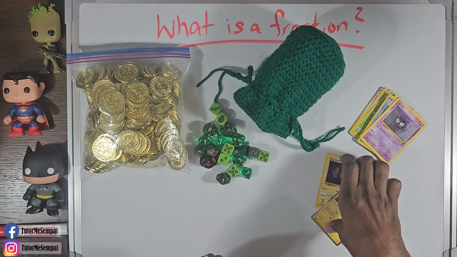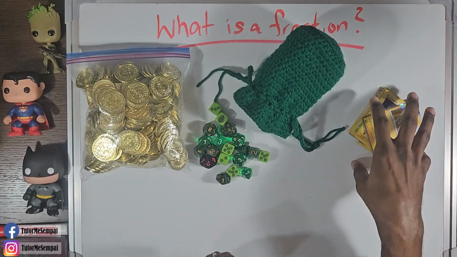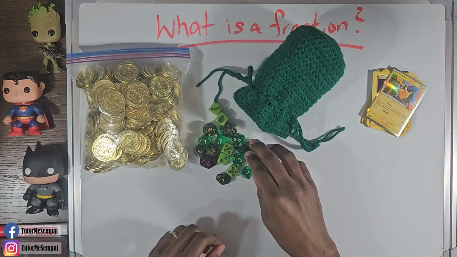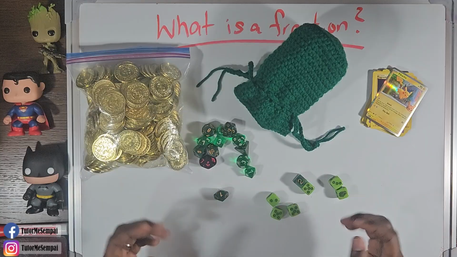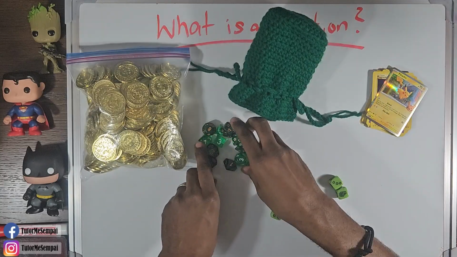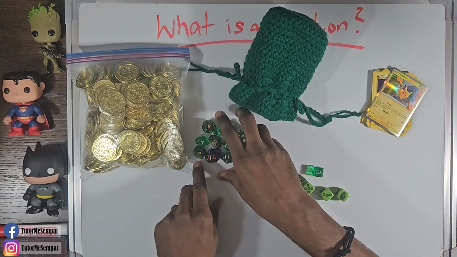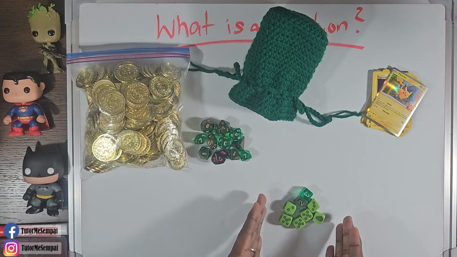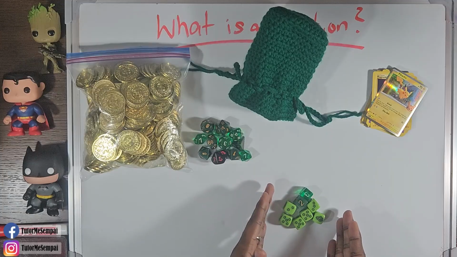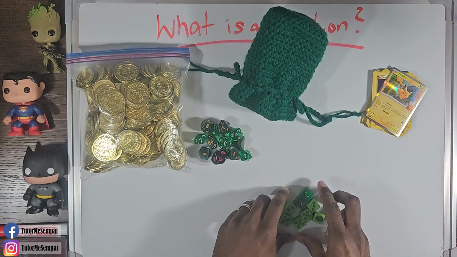Let's say instead of the Pokemon cards, we want to focus on these dice. And I wanted to see all of the six-sided dice from all of this assorted dice here. So I take out all my six-sided dice and I put them over here. This is my focus. I only care about these six-sided dice.